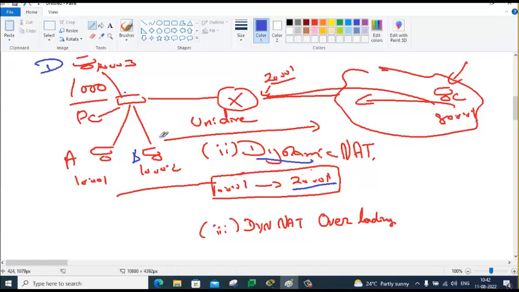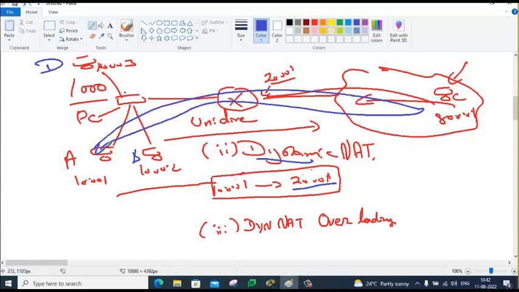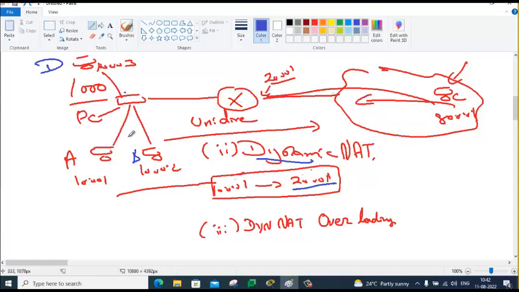Only if A talks, the return traffic will come. But C cannot initiate any conversation to A. Did you understand the statement? Okay, I have explained very well what unidirectional means.